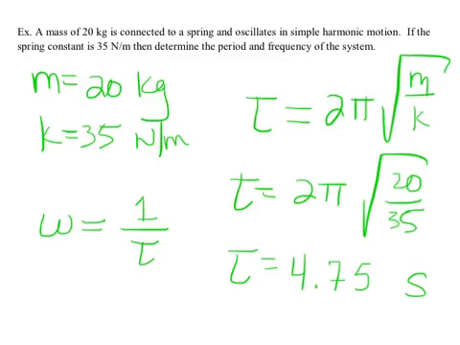You should get 0.211. That x to the negative 1 means do the inverse, or 1 over. So once you get your answer of 4.75, just press x to the negative 1. It'll do it for you.